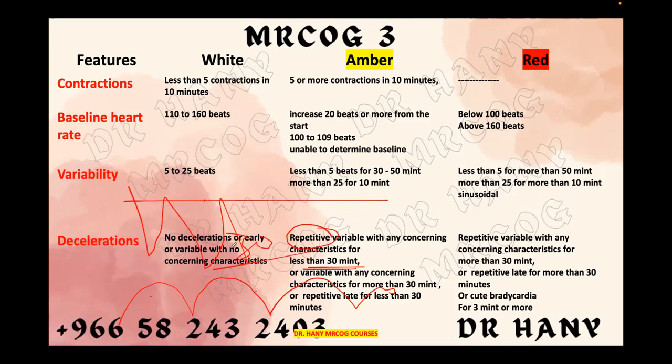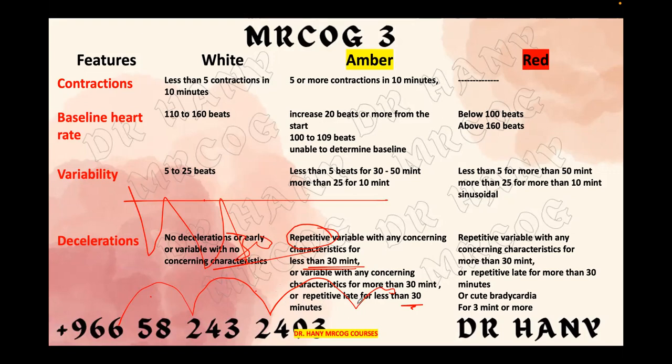Variable with any concerning characters for more than 30 minutes is also amber. Variable with concerning characters, not with each contraction but less than 50%, for 30 minutes is amber.